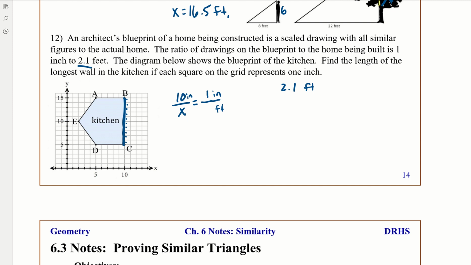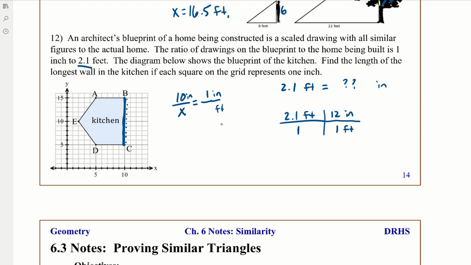Okay, so we digress, but in this example, we need to have the same unit. Okay, so 2.1 feet, let me write that better. 2.1 feet, I'm just going to write up here, is how many inches? Well, I'm going to do a unit conversion. The way that I do this might be a little bit different than how maybe in your chemistry class. I put 2.1 over a placeholder of 1, just because I like to put something down there. And I know that there are 12 inches in 1 foot.